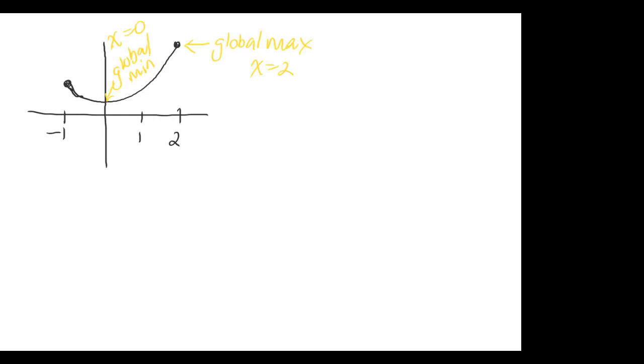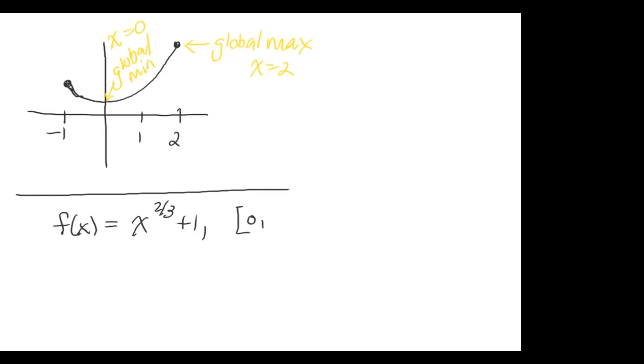I think that is about all we have time for today. But let me make you a recommendation. If f of x is equal to x to the 2/3 plus 1, and it's defined on the interval from 0 to 1, try to find the global extrema.